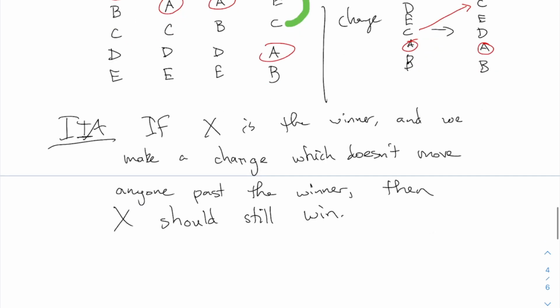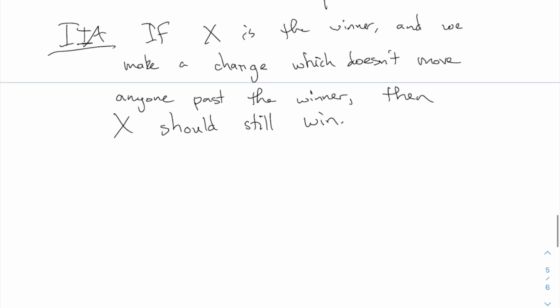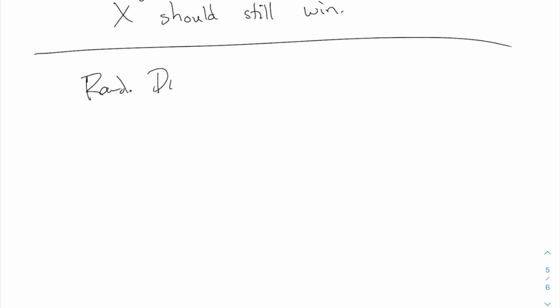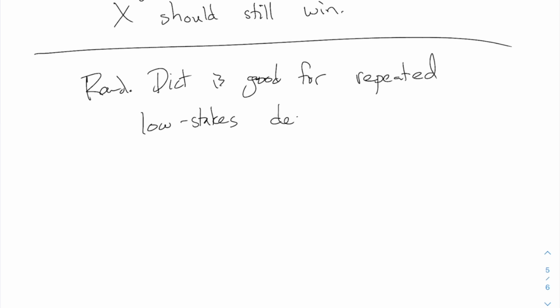Yeah. So actually there were kind of two. One is I might ask you some kind of a vague question about what the random dictator method is good for, and your answer should be something like random dictator is good for repeated low stakes decisions.